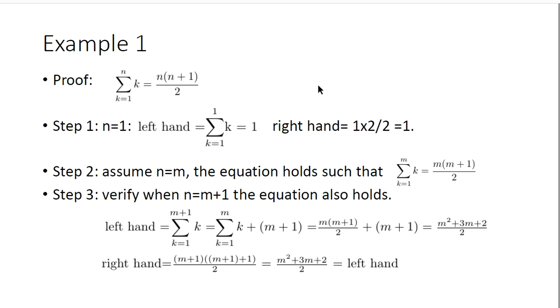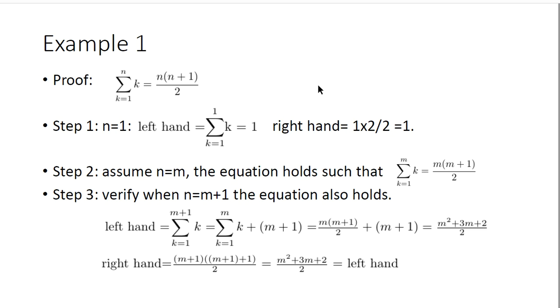With the left hand, you just replace n with 1, which means the sum of k from 1 to 1, only one element, which is equal to 1. The right hand, you replace n with 1. The numerator is 1 multiplied by 1 plus 1, 2, which is equal to 2. The denominator is 2, so the right hand equal 1, which means the left hand equal to right hand.